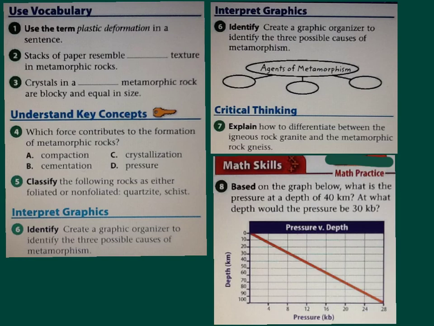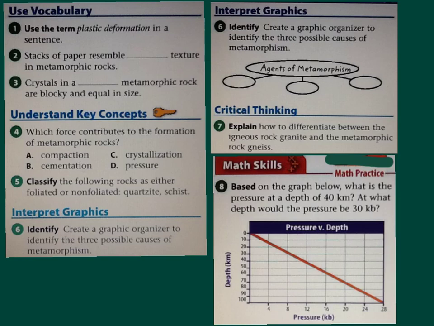With all of that information that I've just given you, we've come to the end of this lesson. The information that you see in front of you right now is on metamorphism. Like the others, you're not doing all of them, just some of them.